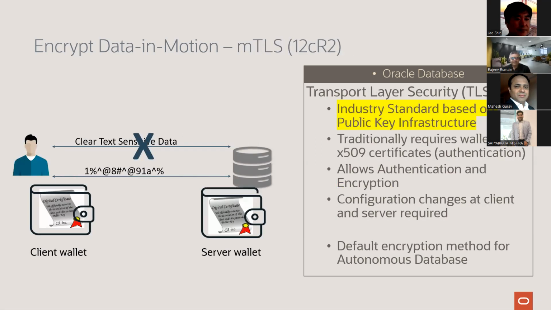The other option is to use MTLS, right? This is more secure, because not only are you encrypting, you're also identifying that you're connecting to the right server, and the server also knows that it is passing the data to an authorized client, right?